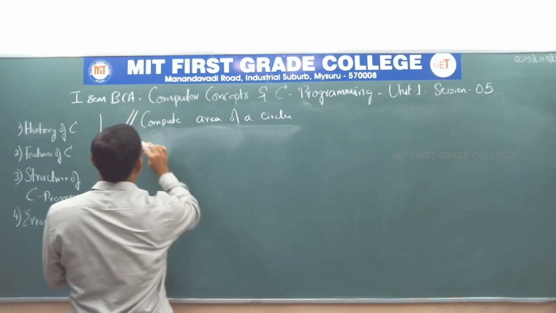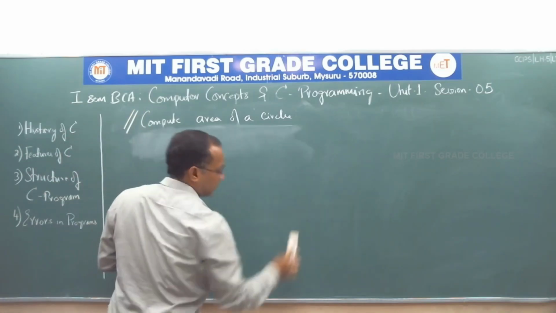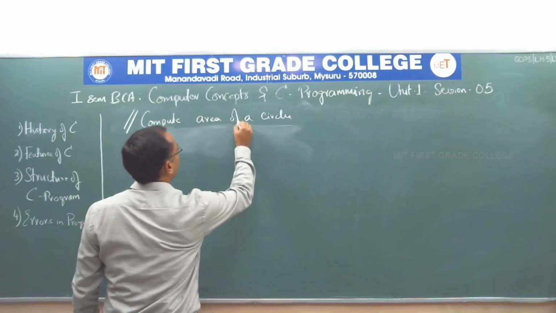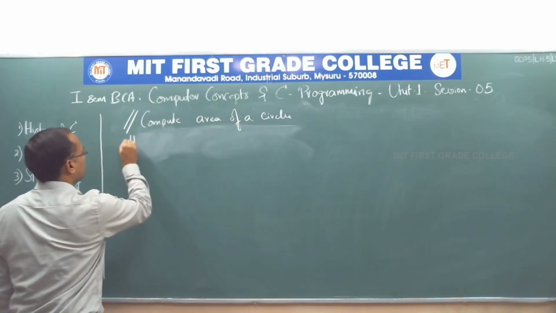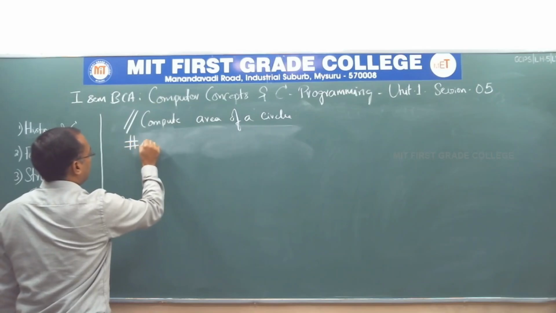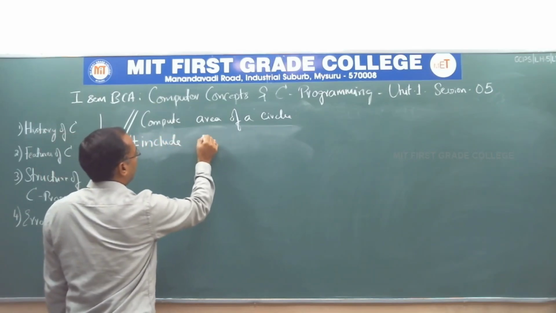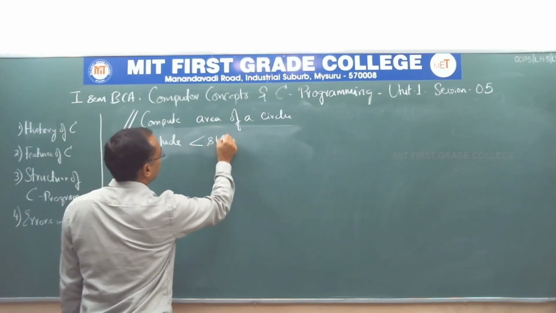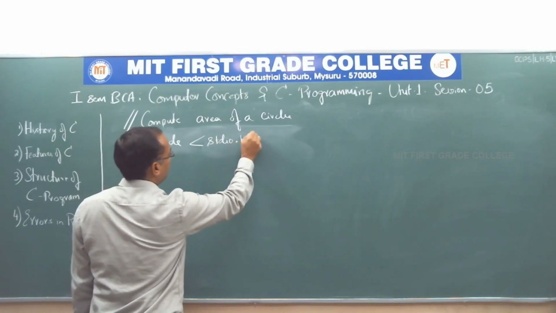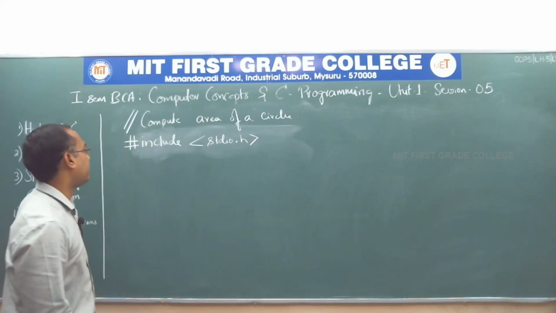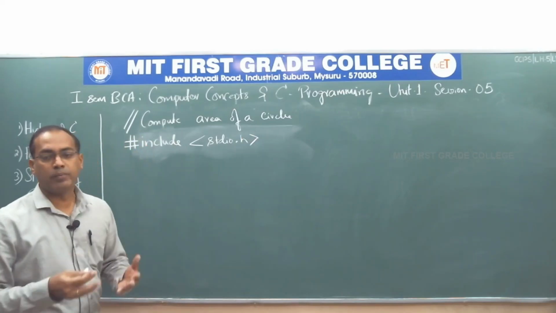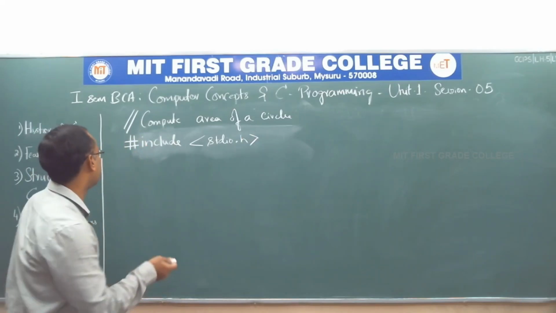So this is a single line comment. And then I will use the include section where I will include the stdio.h library or header file so that I can accept an input and display the output.